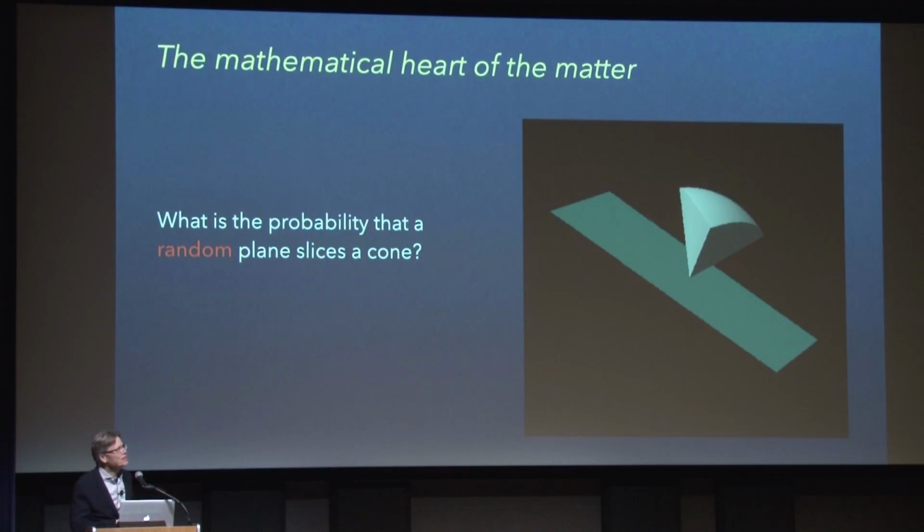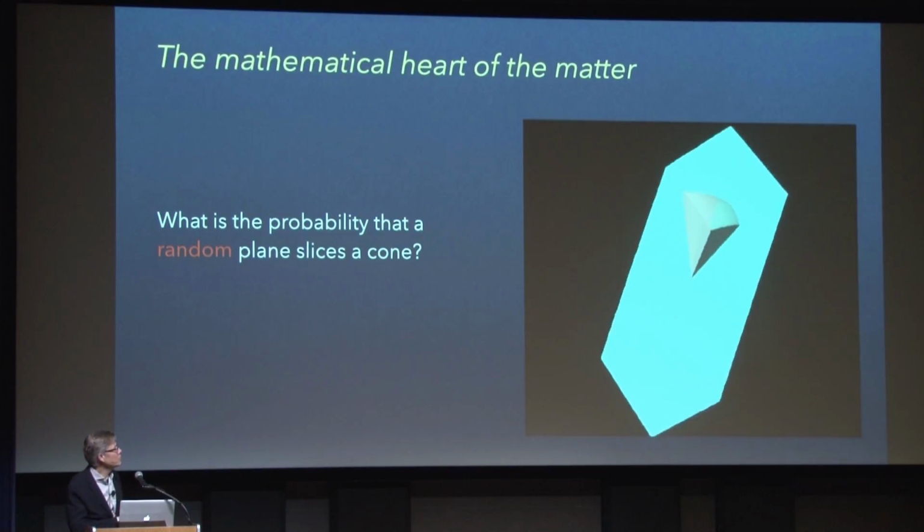I want you to think of that plane as swiveling around the apex of the cone right there in such a way that it can have lots of different positions. So there's a whole space of positions that it could have. And in some of those positions, it might slice into the cone, and in some other positions, it might miss the cone.